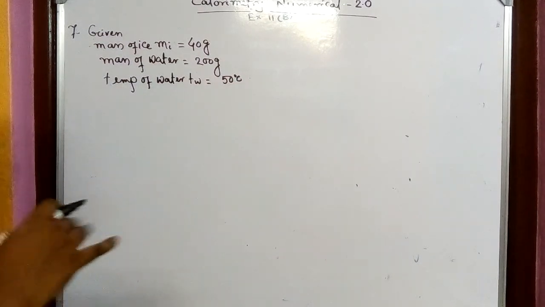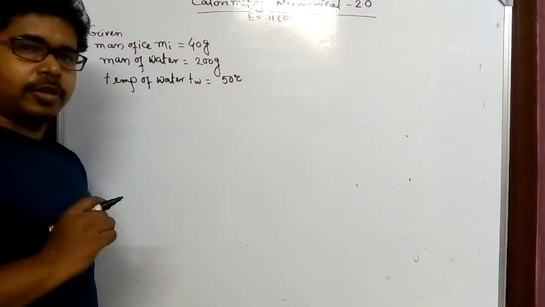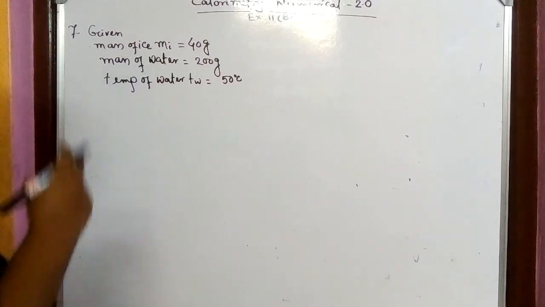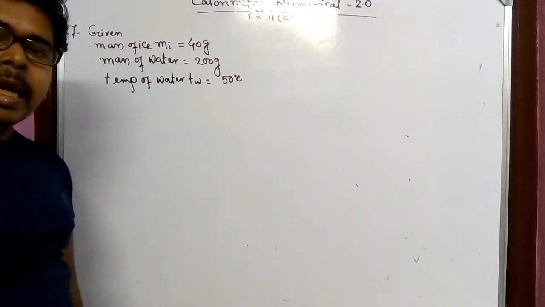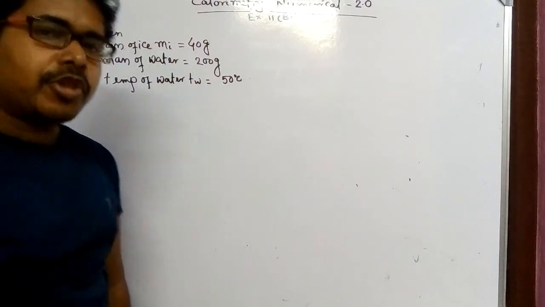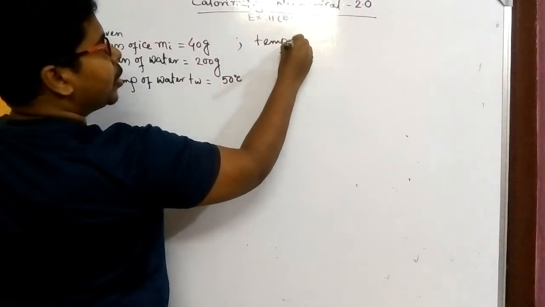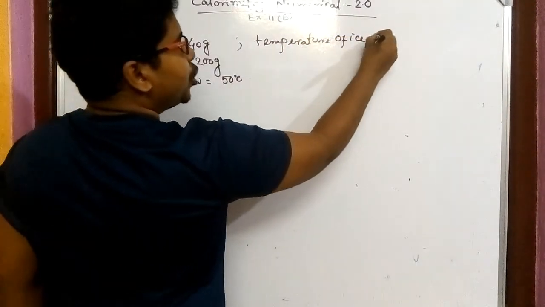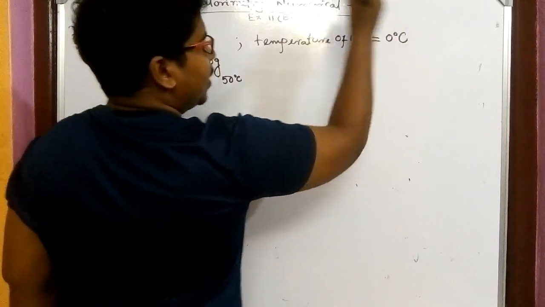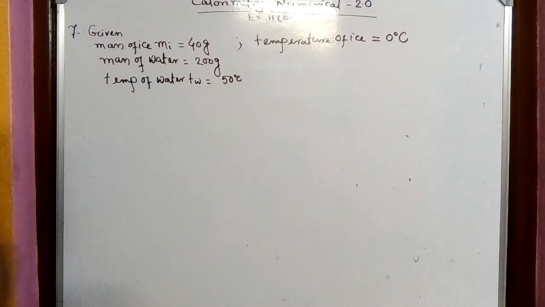All the ice is melted. That means here also there is a story of state change. But one thing you see: the temperature of the ice is not given. When it is not given, you have to assume that the temperature of the ice is 0 degrees centigrade. So 40 gram of ice is at 0 degrees centigrade, and you have mixed it up.